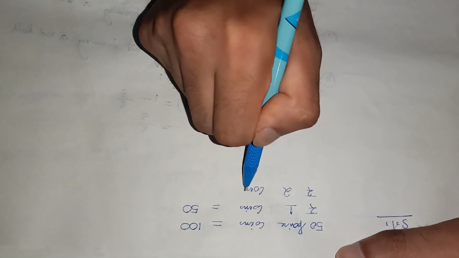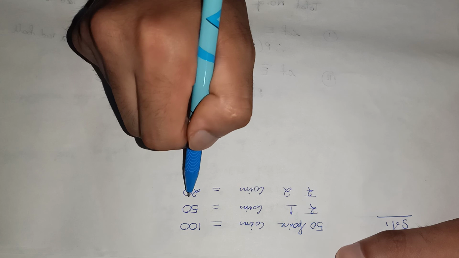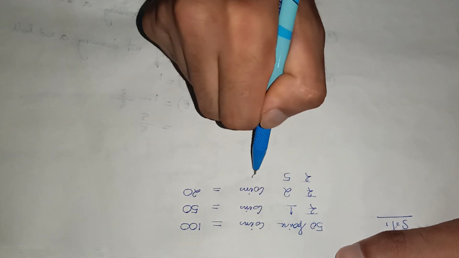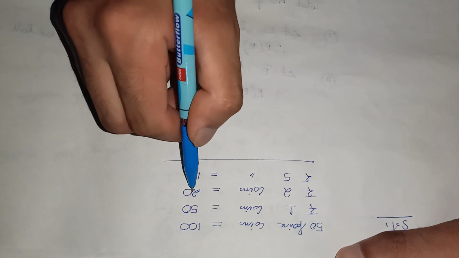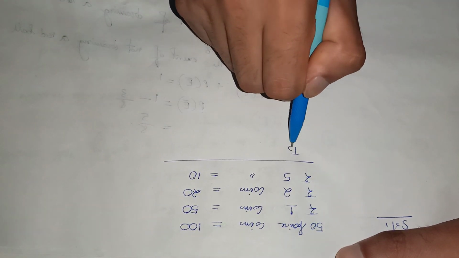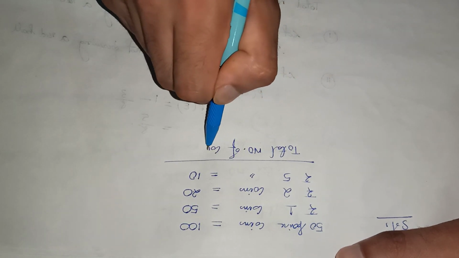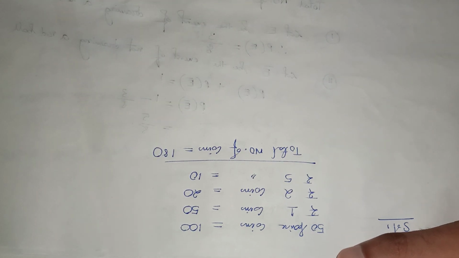Rupees 2 coins, there are 20 numbers. And rupees 5 coins, there are 10 numbers. So altogether 150, 160, 170, 180. So the total number of coins will be 180.